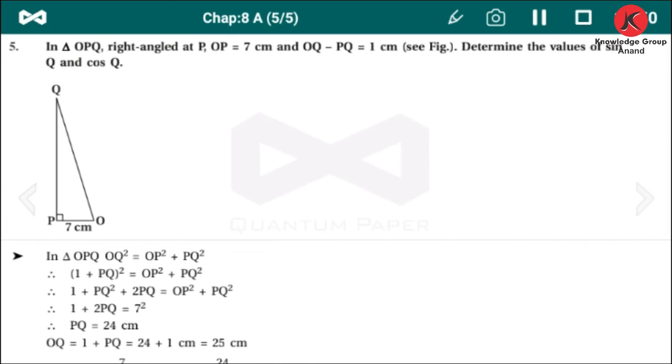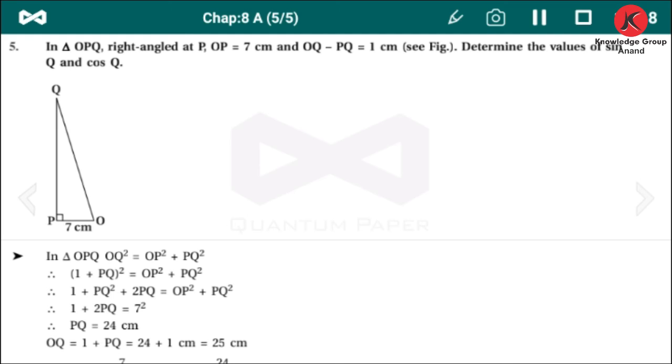Now, example number 5. In triangle OPQ, right angle at P, OP is equal to 7 cm and OQ minus PQ is equal to 1 cm. Determine the value of sin Q and cos Q. In triangle OPQ, we use Pythagoras.